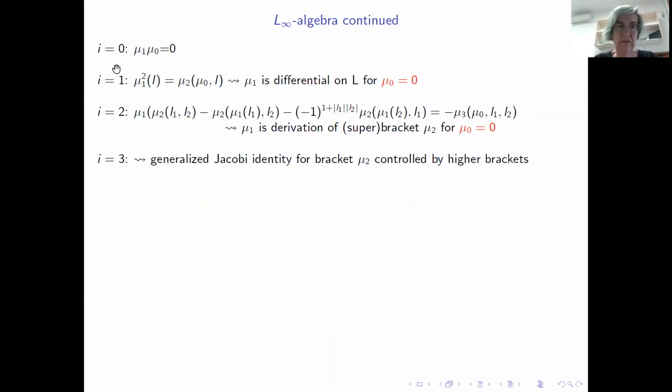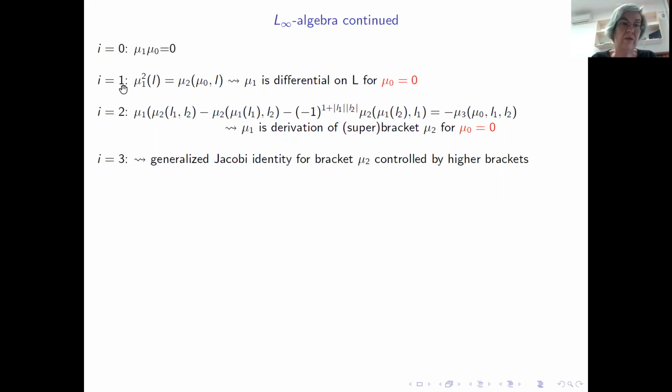Let's start with i equal to 0, where you just get that the map mu1, which takes one argument, and in this case the only argument is the map mu0, is equal to 0. This is not a very illuminating identity.